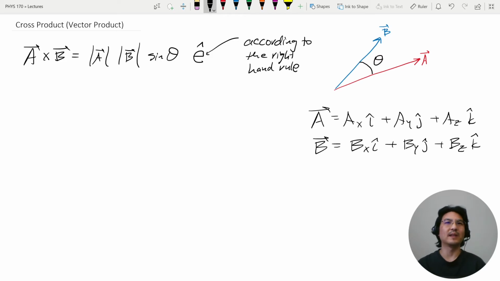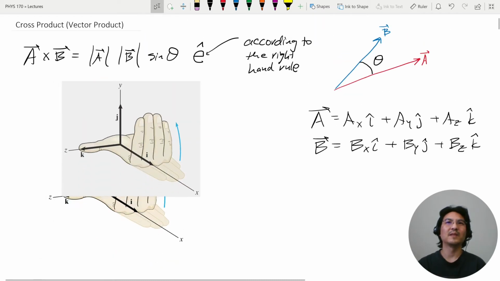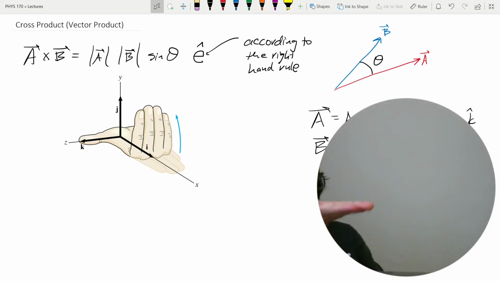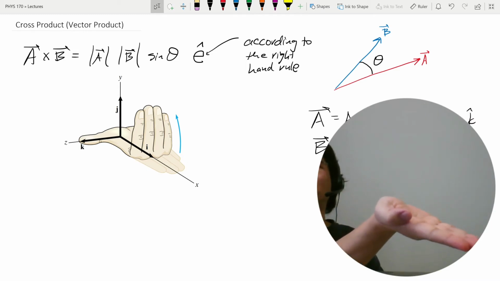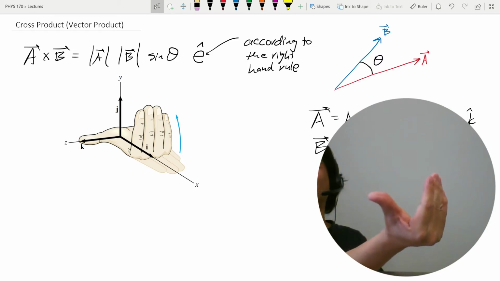Okay, and it looks like I have a little bit off screen here. According to the right-hand rule, let's say you go A cross B. Let me situate myself. You have to use your right hand. Let me zoom in here. With your right hand, say you want A cross B, and whichever way your thumb is going, that's the cross product according to the right-hand rule.